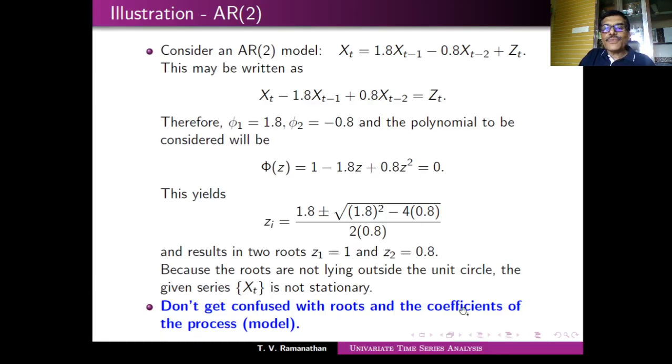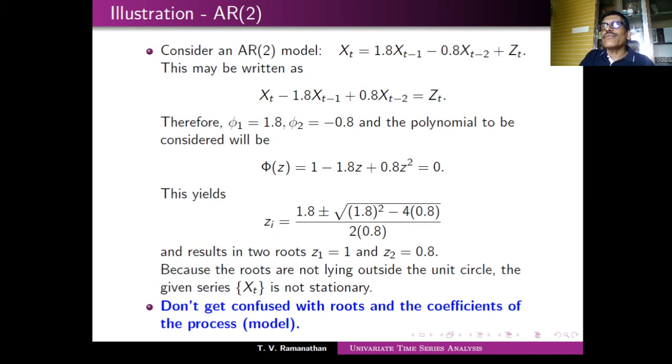Now don't get confused with roots and coefficients, because the coefficient is something which is given here, that is phi 1 and phi 2. Roots are actually roots of this polynomial equation. They are not the same. They are different. But we are going to decide the stationarity based on the roots, not based on the coefficients. Well, you can connect them, but then it is very difficult.